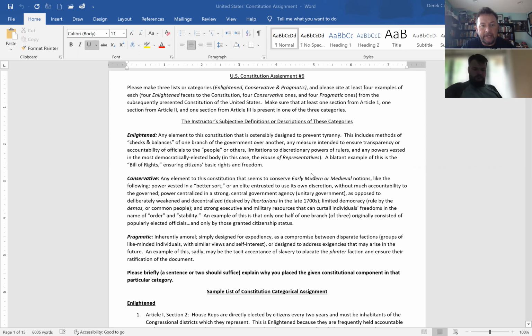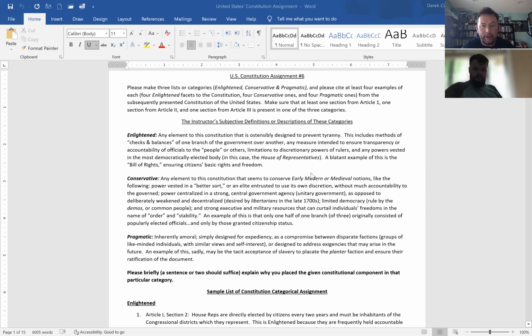So let's see here, enlightened. What I have here is my subjective definition, roughly, for enlightened. Any element to this Constitution that is ostensibly designed to prevent tyranny. This includes methods of checks and balances of one branch of the government over another. Any measure intended to ensure transparency or accountability of officials to the people or others.